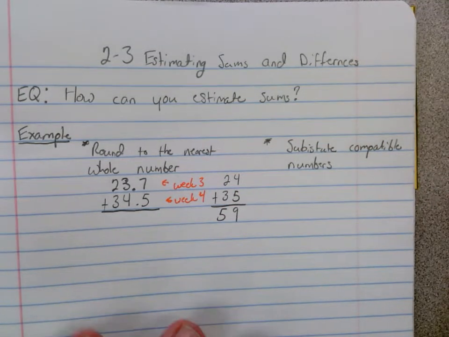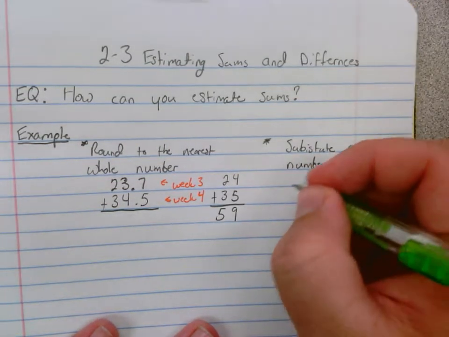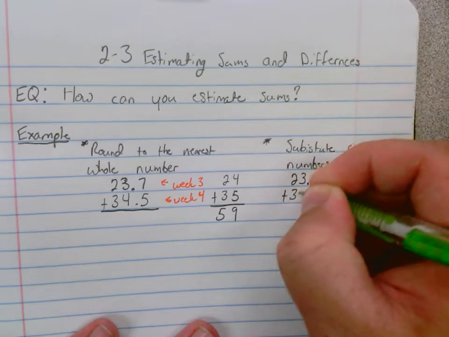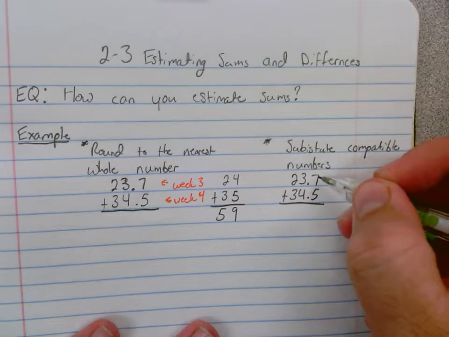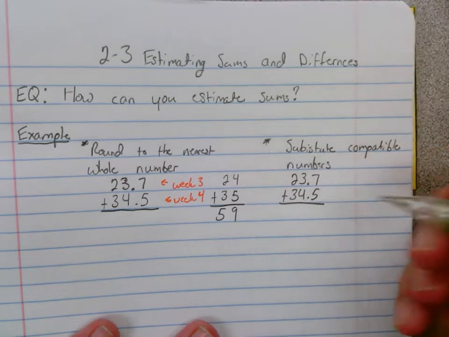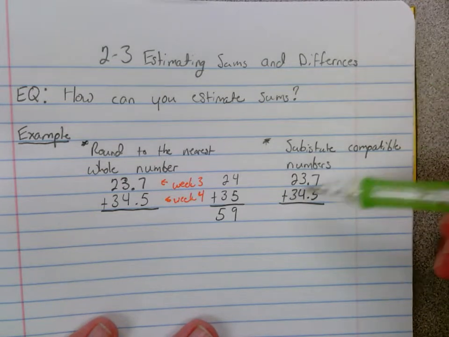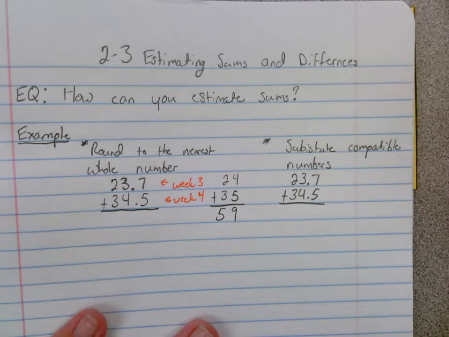Okay, so let's see if we do it the other way where we substitute compatible numbers. I'm going to write the problem out again, which is 23 and 7/10 plus 34 and 5/10, dog food raised for week 3, week 4. And then I'm going to rewrite the problem using whole numbers. So what are two numbers near 23 and 34 that I could easily add together?